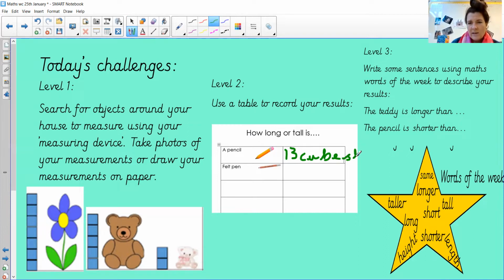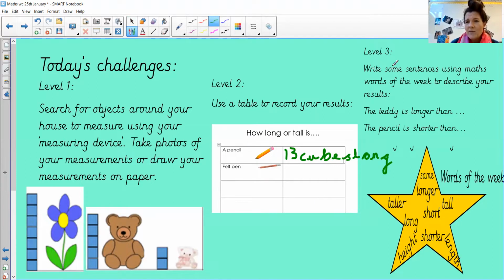Now, obviously, I've run out of room there. You probably will have more room to do this on your sheet, okay? So that's really important because it's telling me how long my pencil is, what I've used to measure it, which is the cubes, and whether I've measured length or height. There we go. So that's really important information. So you could fill in the table and find different objects and measure them.